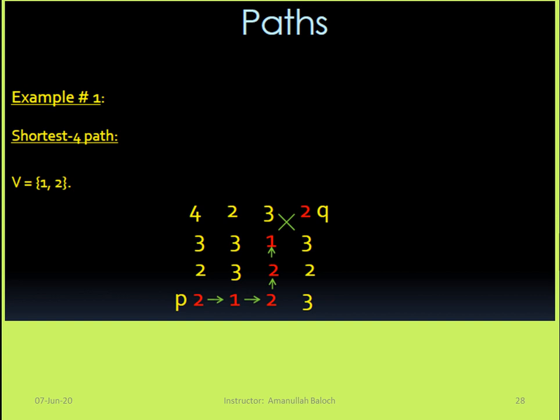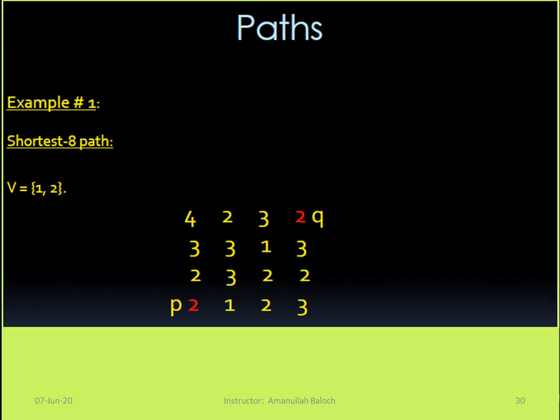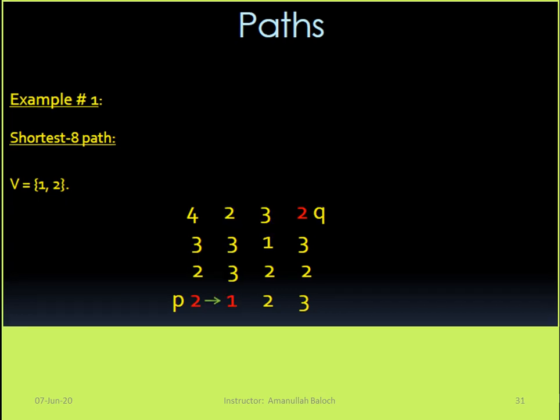Now we will see shortest 8 path. We have to find the shortest 8 path. V is 1, 2, we have to move from this, and this one is at the N4 of P, so path exists.